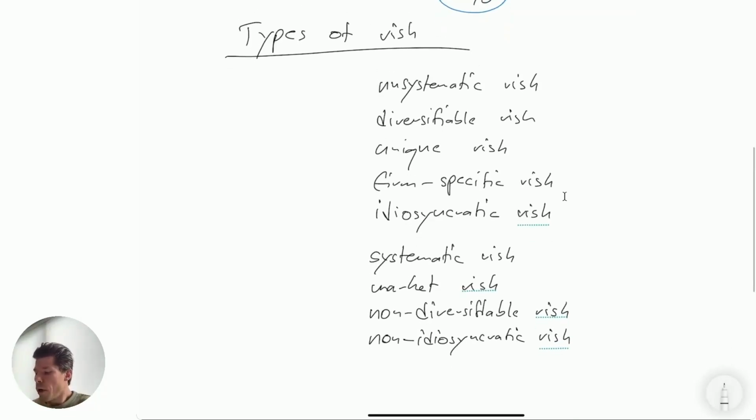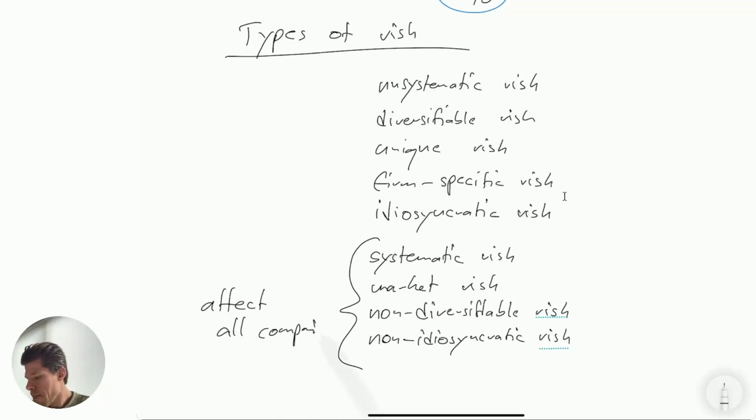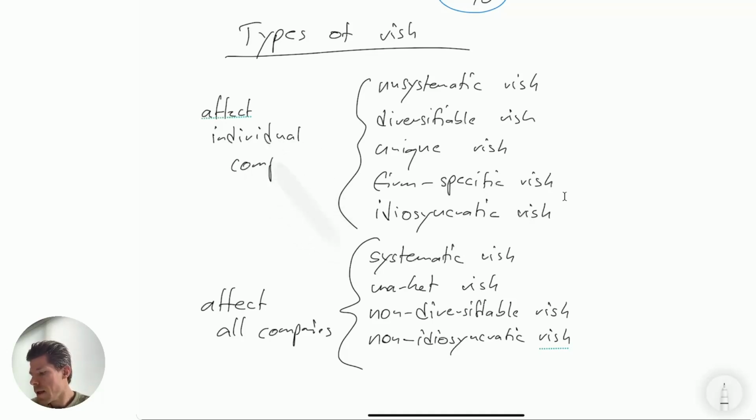What is important is that these are risks that affect all companies, and these are risks that affect individual companies.